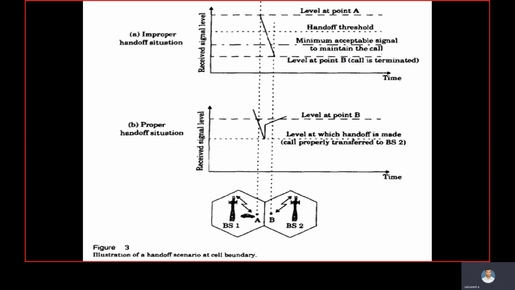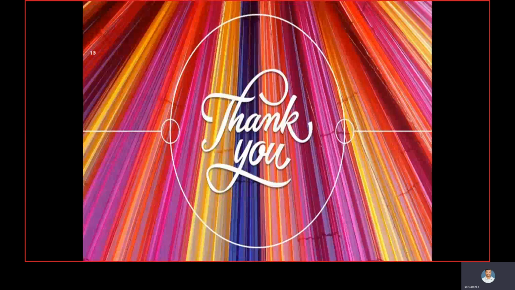Right. Today we discussed four topics. The first topic was the handoff definition. We discussed how handoff can be processed by using a simple block diagram, and what the different types of handoffs are: soft handoff and hard handoff. And we discussed which parameters we have to take, that is signal strength and C by I ratio.